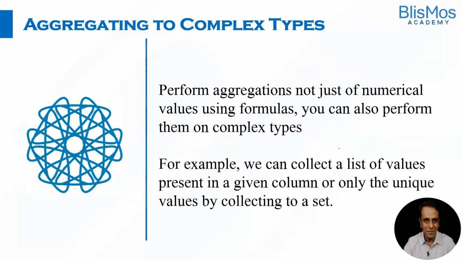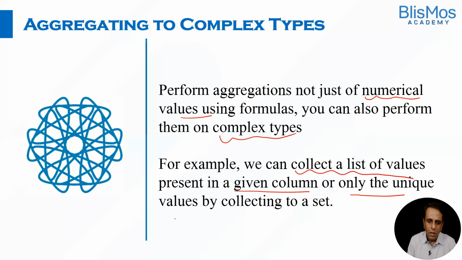As we have discussed, Spark is an intelligent computing engine. It will not only allow aggregation on numerical values, it will allow aggregation on complex types also. For example, you can collect a list of values present in a given column, or only the unique ones by collecting to a set.